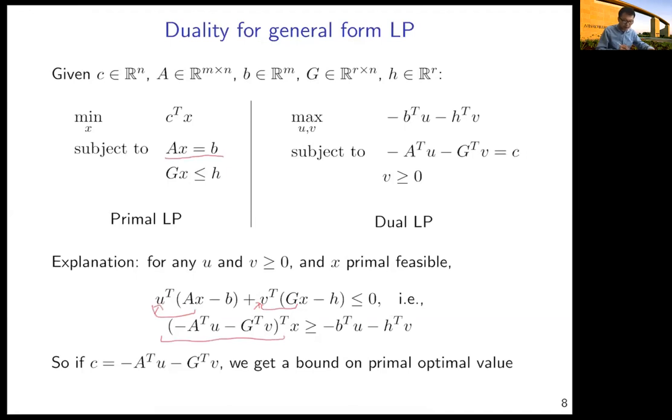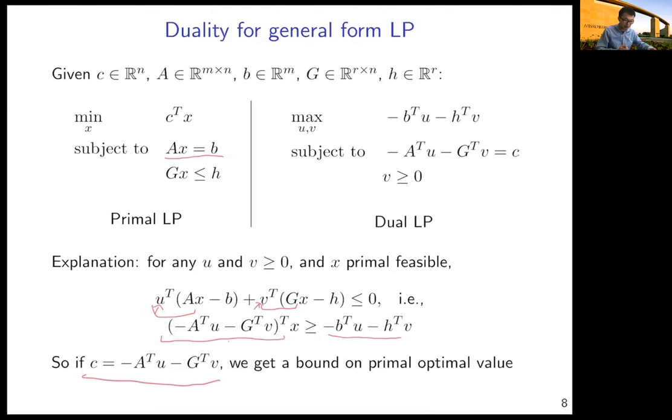And by moving everything to the other side of the inequality, then you get a lower bound. And provided that this is equal to the objective function value that we're trying to minimize, then this becomes a valid lower bound of the objective criteria.